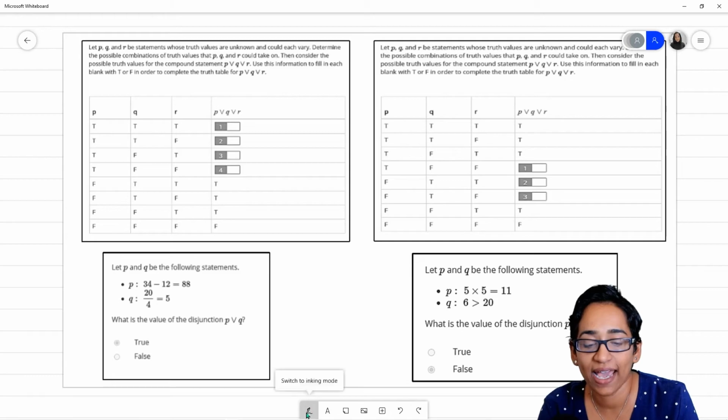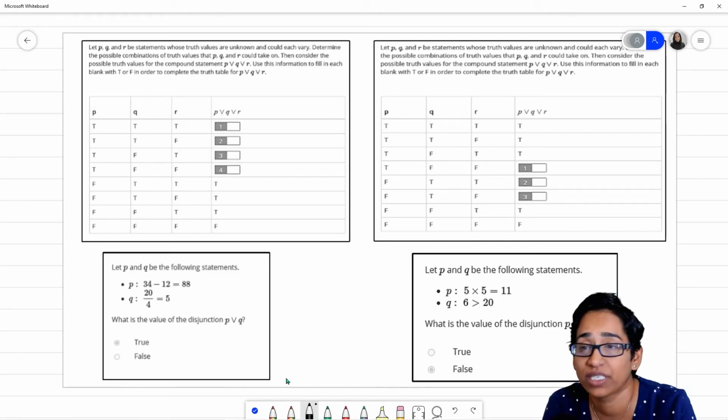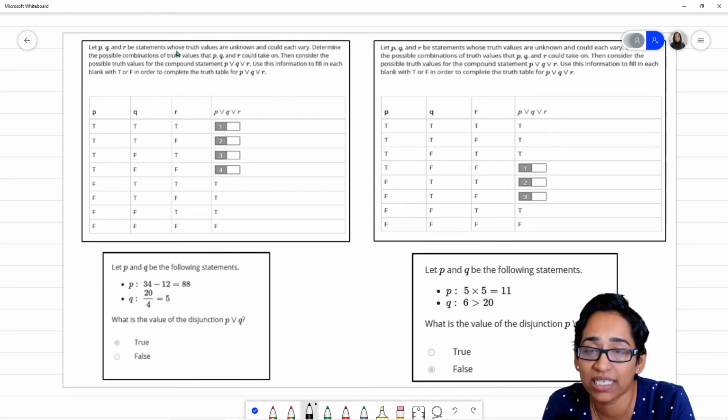Here I have 3 statements, but I'm going to take it step by step very, very slowly. Let P, Q and R be statements whose truth values are unknown and could each vary. Determine the possible combinations of truth values P, Q, and R could take on. Then consider the truth values for the compound statement P or Q or R. Use the information to fill the table below.